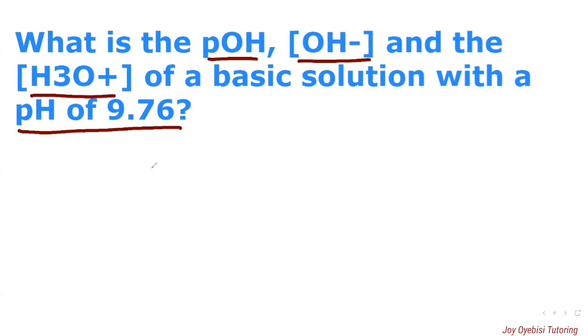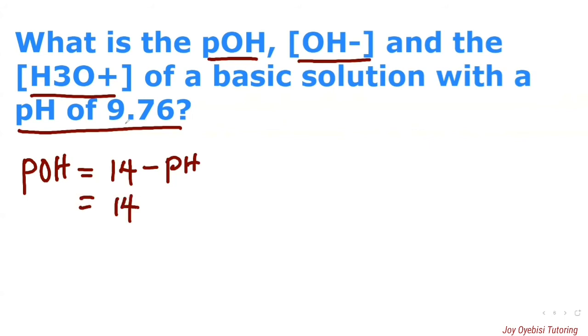Now, using the relationship between the pH and pOH, we can first calculate the pOH using pOH equals 14 minus pH, right? Therefore, 14 minus 9.76, and that is going to give me 4.24, okay? Now I've calculated the pOH.